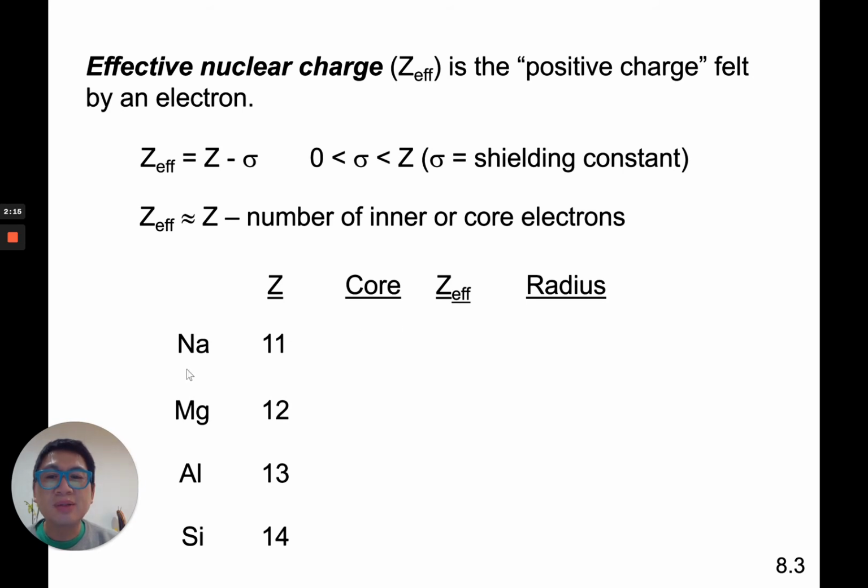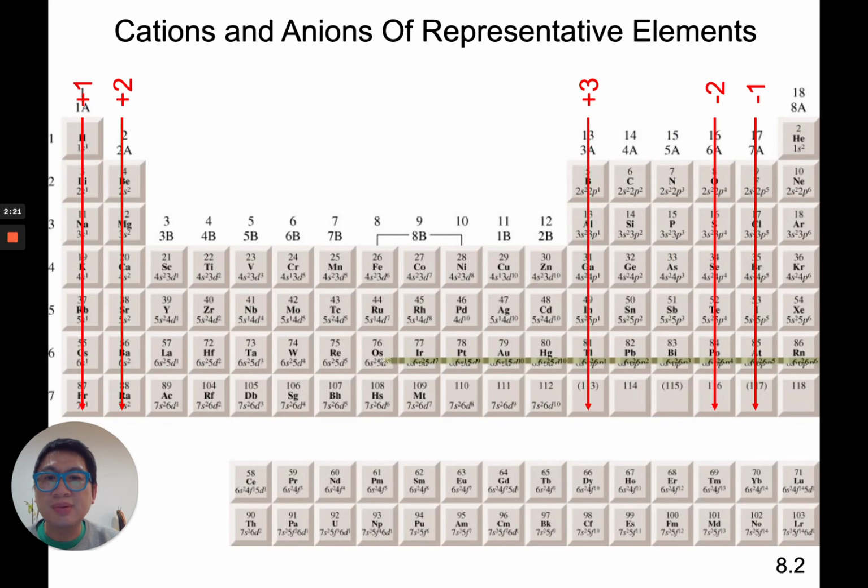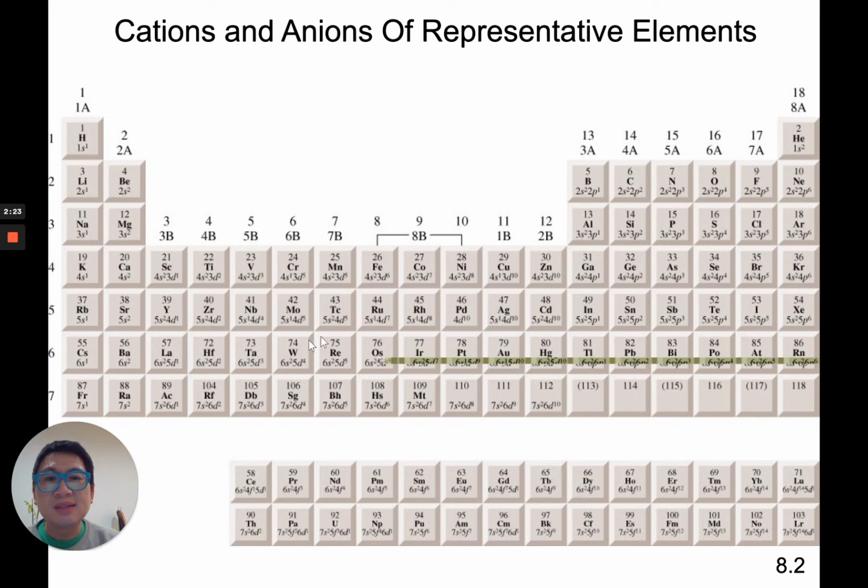So let me look at a periodic table. Sodium, magnesium, aluminum, silicon. So sodium's here, magnesium, aluminum, silicon. Atomic number 11, 12, 13, 14. So the core electrons is the shell before it, which is really the noble gas before it, which is neon. The shell before it, neon, which is atomic number 10.